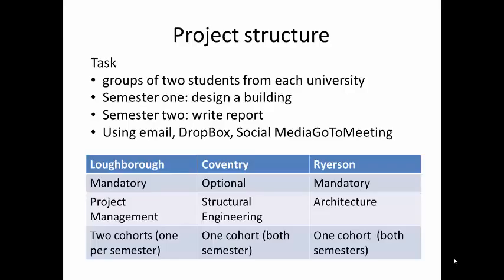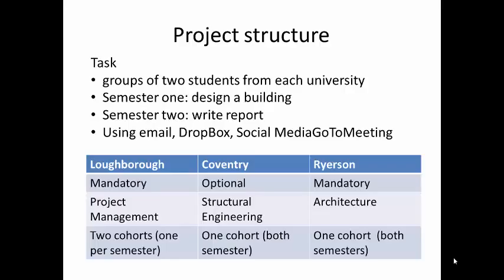You can see there I've kind of described the different sorts of students there were. So for the Loughborough students, it was mandatory; they had to do it, and the same was true at Ryerson. Ryerson was the university in Canada, in Toronto. But for the Coventry students, it was optional.